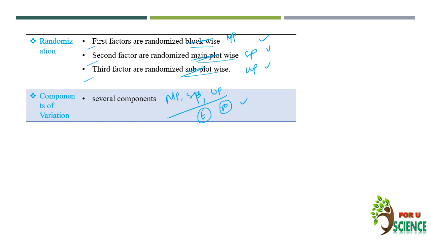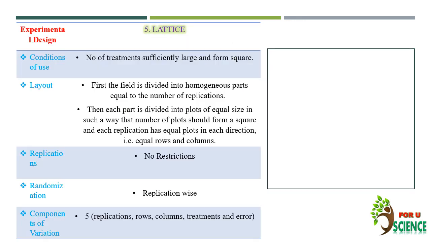If we see, in an ultimate plot, MP1 is there and it is between SP1, so different components are overlapping, which means a combination of factors is creating variation in this case. Then our design, the lattice design, we call an incomplete design.